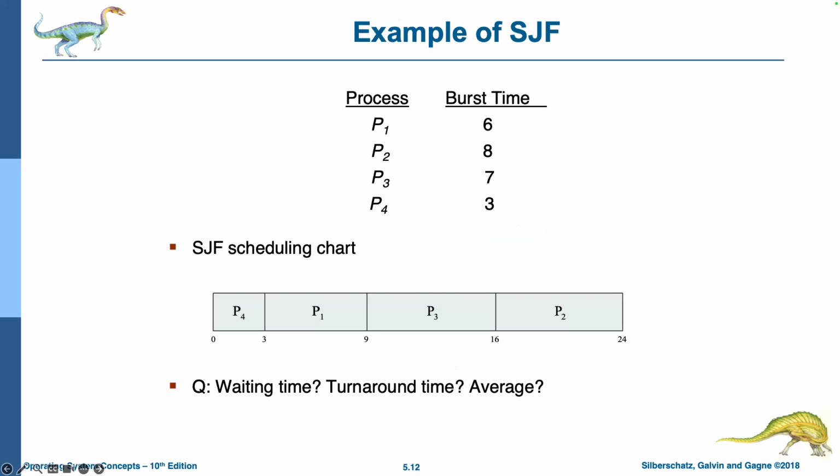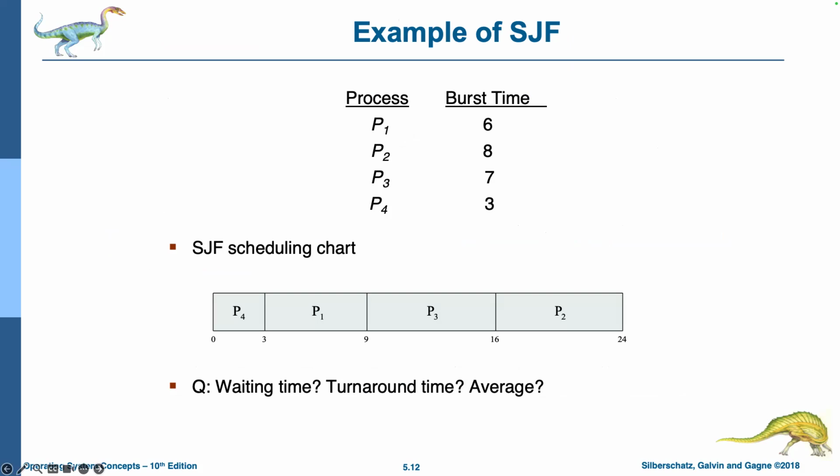Okay, let's make an example. The burst times are 6, 8, 7, 3. SJF scheduling picks the shortest one to come first, so they are sorted.